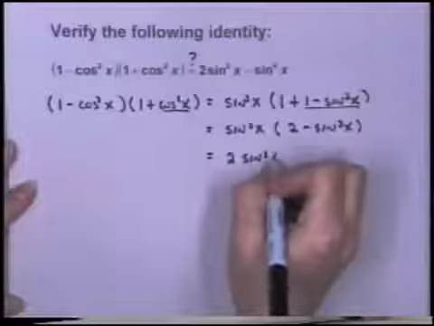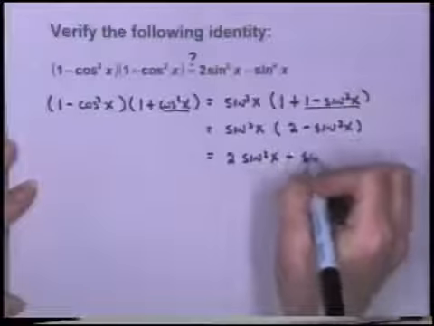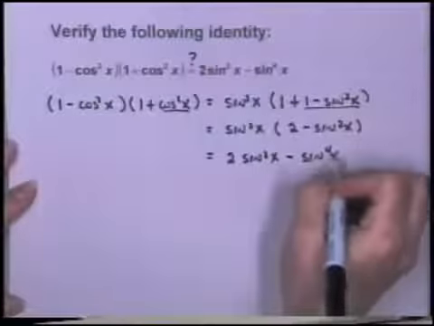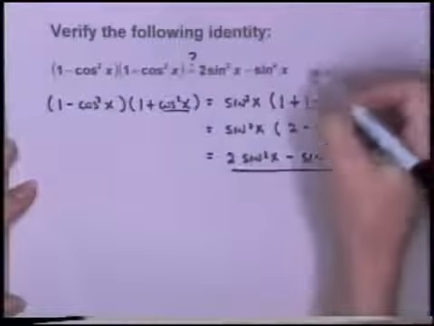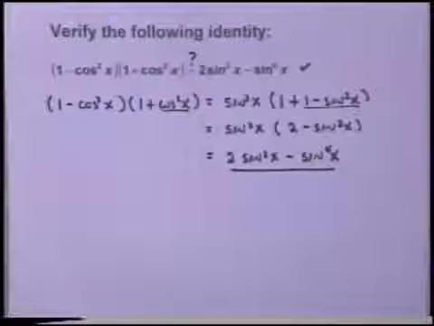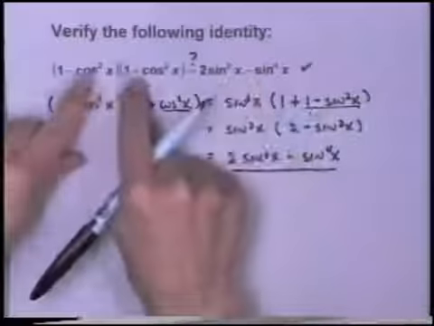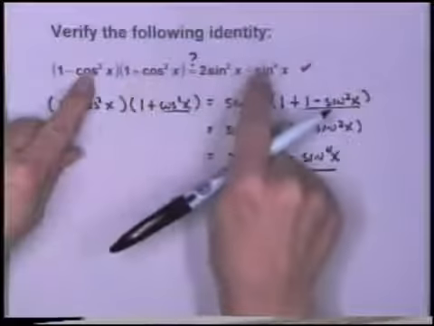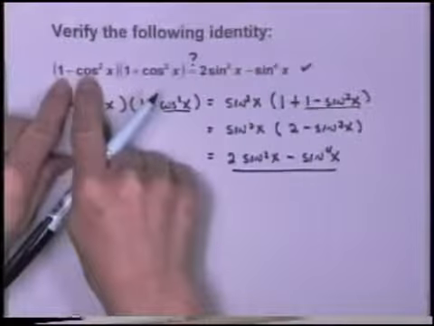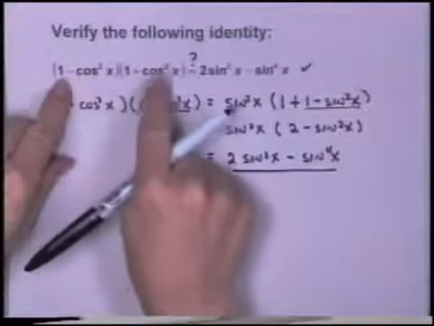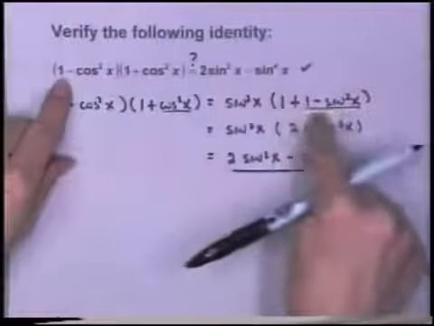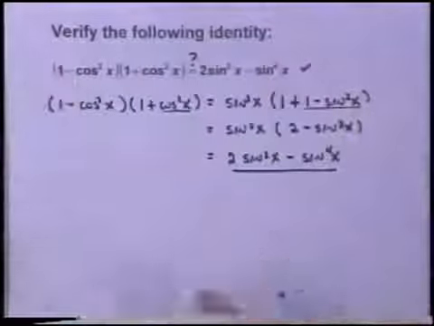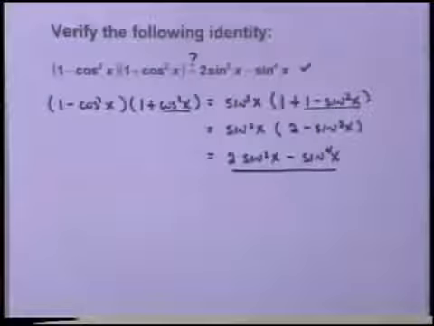So I have 2 sine squared x minus sine to the 4th power of x, which is exactly what I wanted to show it was equal to. So sometimes I look ahead in the beginning. Are there things I can do to change this into this? And I see there's a sine squared right there. And of course I can replace cosine squared with 1 minus sine squared. So that was the approach that I took.